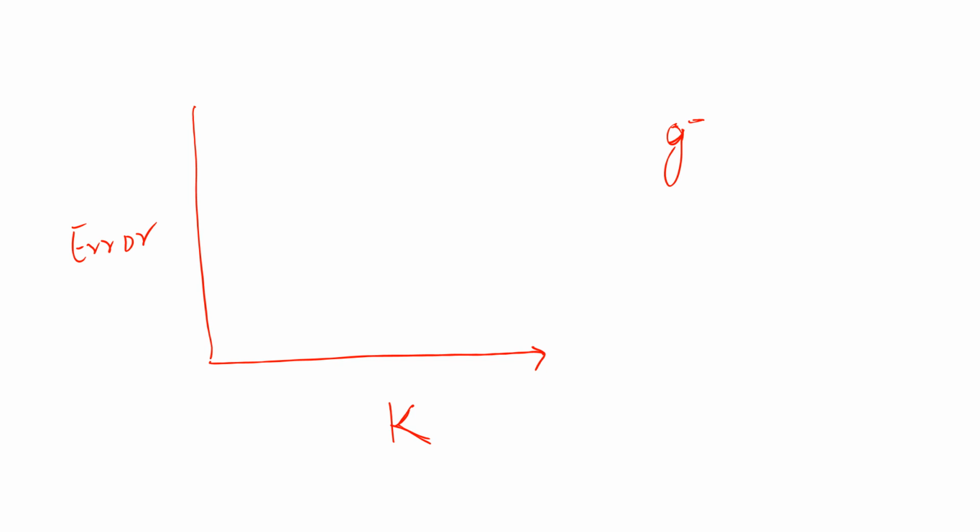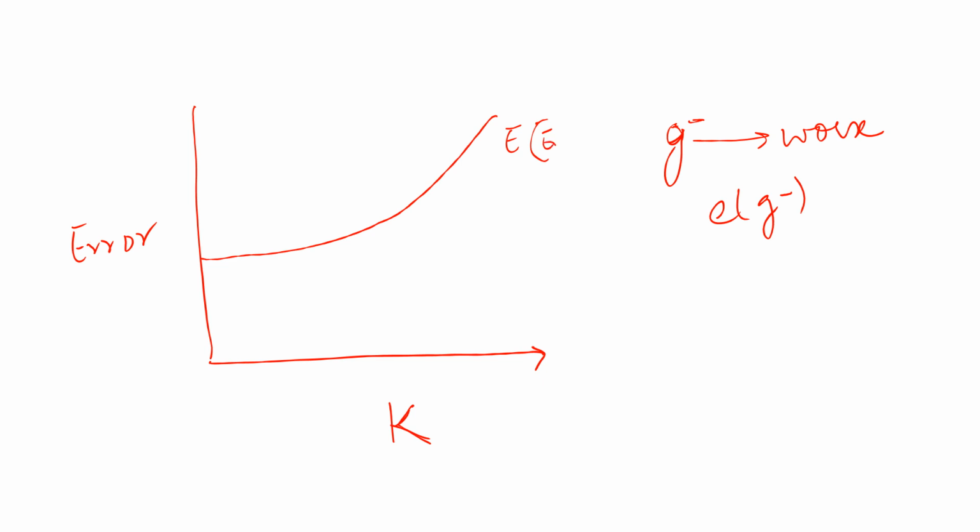So this is getting worse with an increase in my k, and so when I'm calculating this E of g negative for any point, this should, ideally speaking, go up. So this is the expectation of my E val.